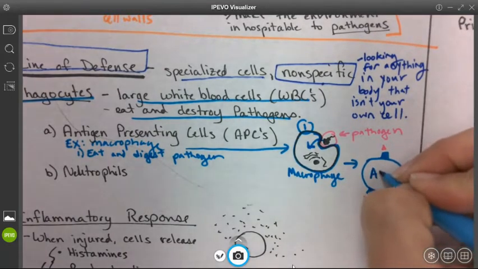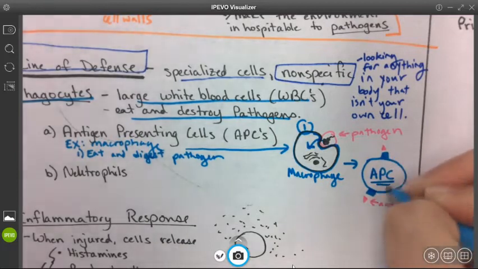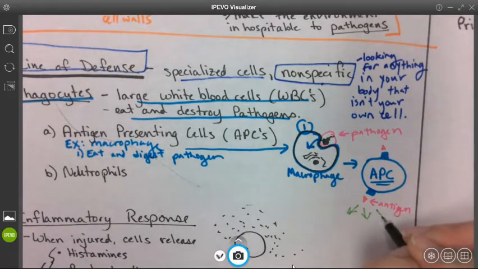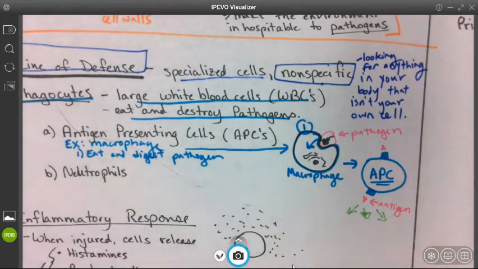So now it's known as an antigen presenting cell because it has part of the virus or bacteria or fungus on its cell surface. And that's going to signal to the rest of the immune system that we have an infection. And that will start our third line of defense.